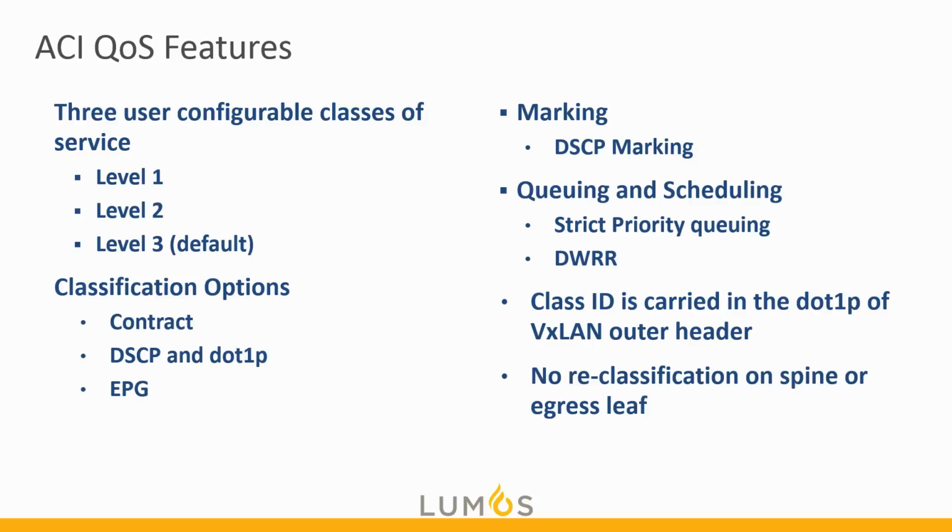We can mark traffic, we can do strict priority queuing, as well as deficit weighted round robin. I wanted to say distributed, but of course it's deficit weighted round robin. The class ID, or essentially the EPG class ID, or the identity of the EPG, is carried in the .1p bits of the VXLAN outer header. And there is no reclassification on the spine or egress leaf currently.